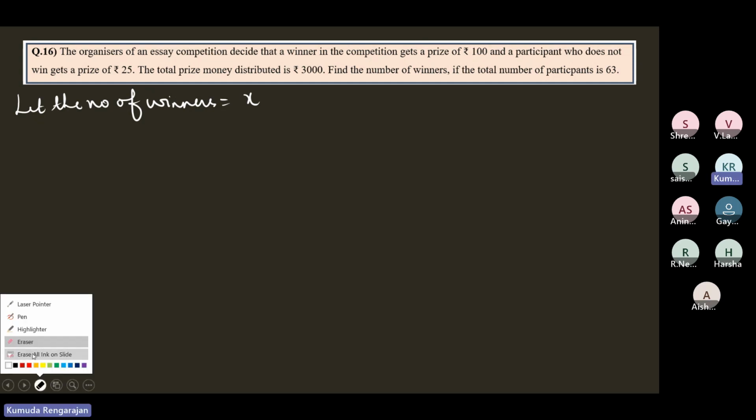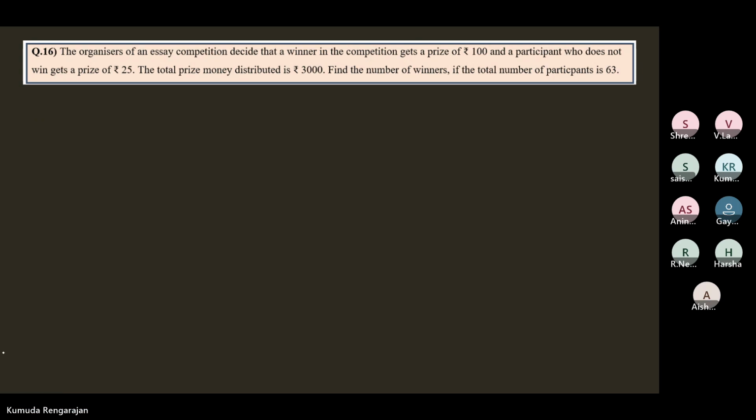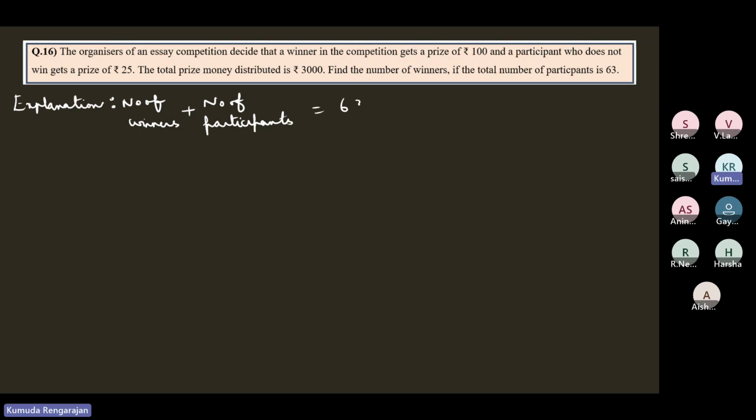Okay, let me write that as the explanation. Number of winners plus number of participants is equal to 63.